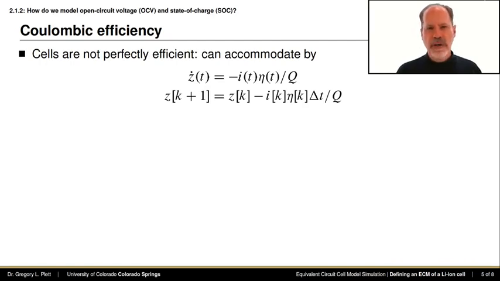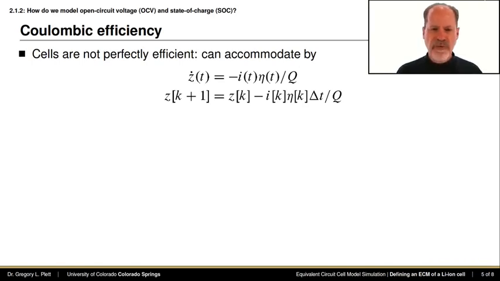We model eta being exactly equal to 1 if the battery is perfectly efficient in the ideal scenario. But in reality, it has a value slightly less than 1 when we're charging the battery cell. Usually it's on the order of 0.99 or somewhere around there.